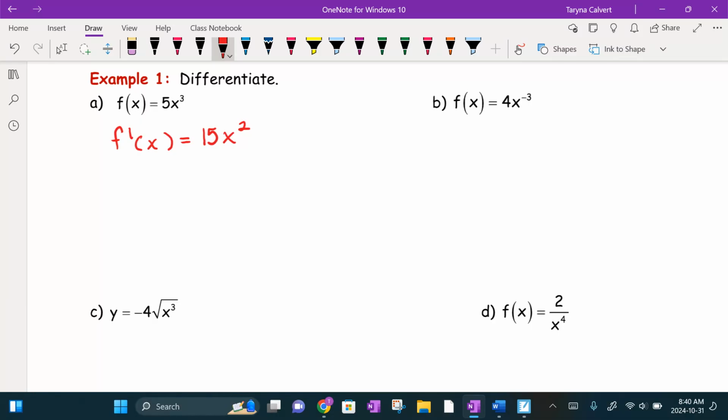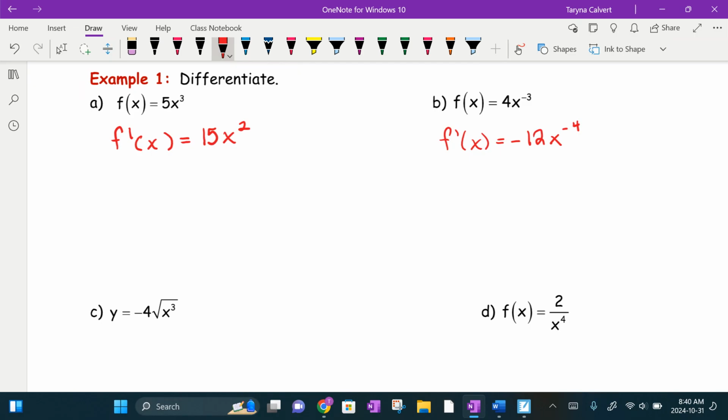Okay. This little guy here, right, will be negative 12x to the what? Okay. So negative 4, and then what are we going to do?